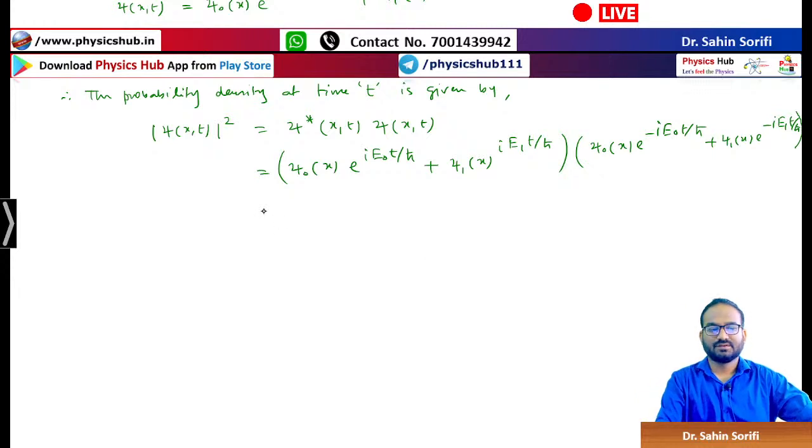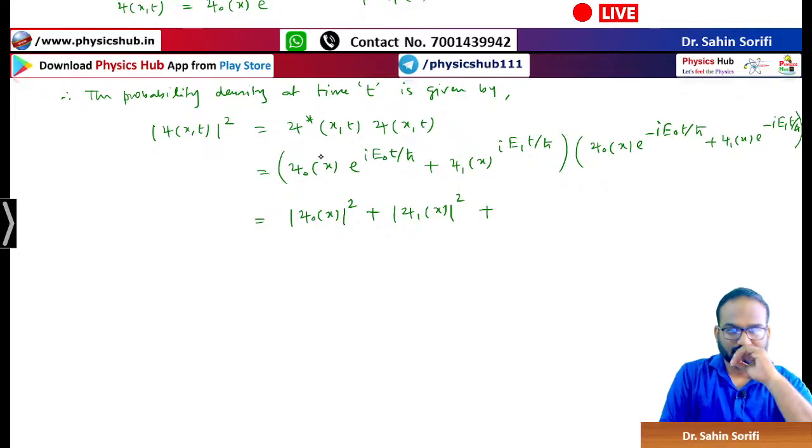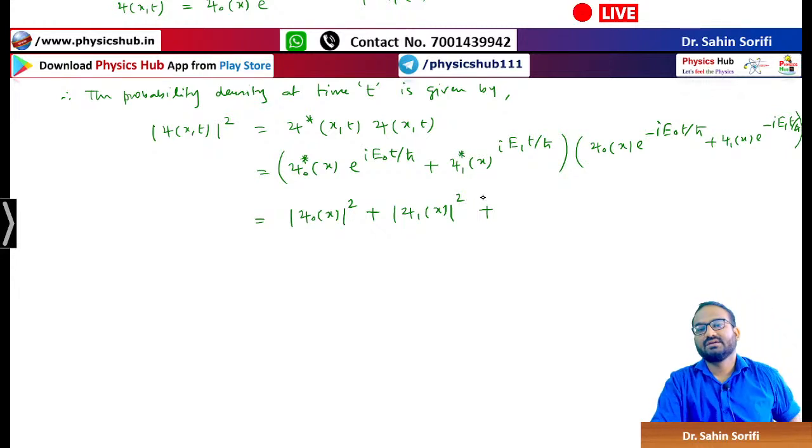Okay, so this is mod psi 0 of x square plus mod psi 1 of x square plus, you see, psi 0 star psi 1 x e to the power minus i (E1 minus E0) t by h cut and psi 1 star psi 0 x e to the power of the conjugate of this product.